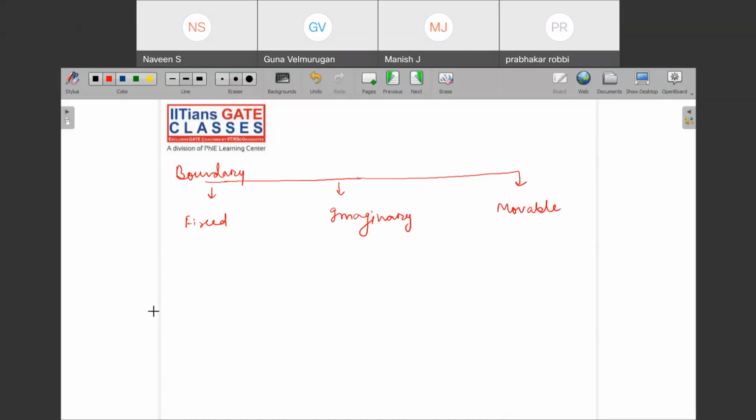Fixed boundary means, let us say you are analyzing a nozzle. Then what we can see here is that there is something coming. Let us say that there was some fluid flow.